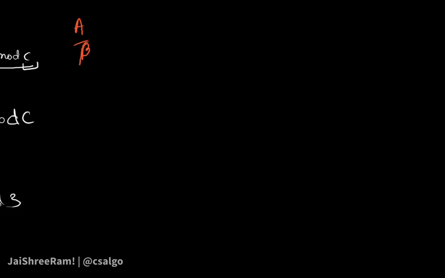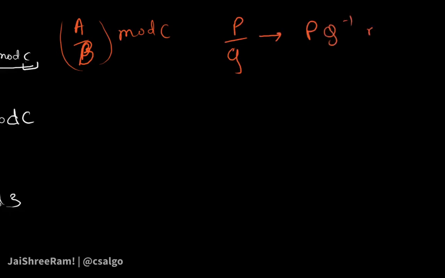But this will be a fraction, so you will be asked to find what the fraction is. In problems like this, after reduction, if it is of the form p by q, then report p into q inverse, mod, let's say, 10 to the power 9 plus 7.